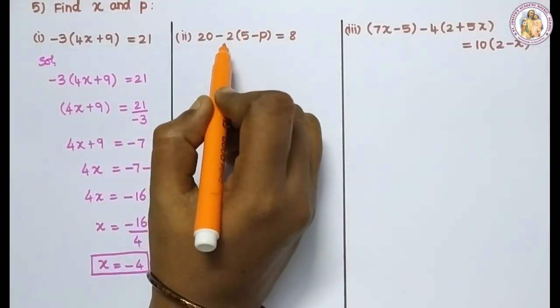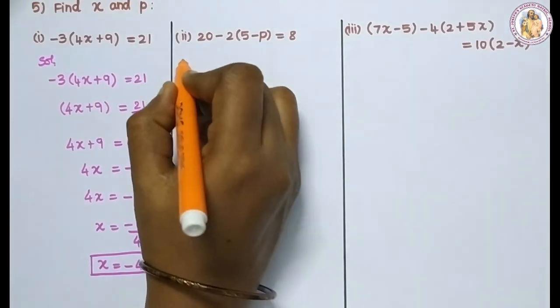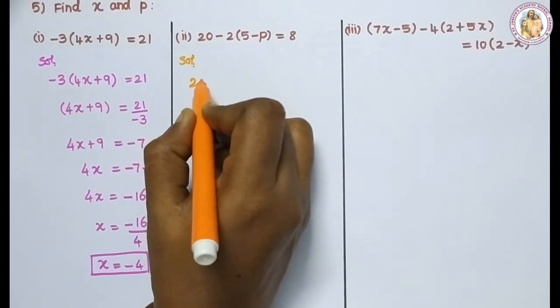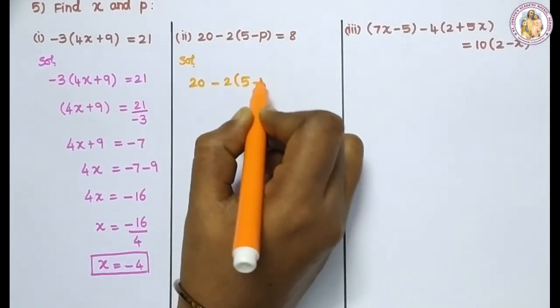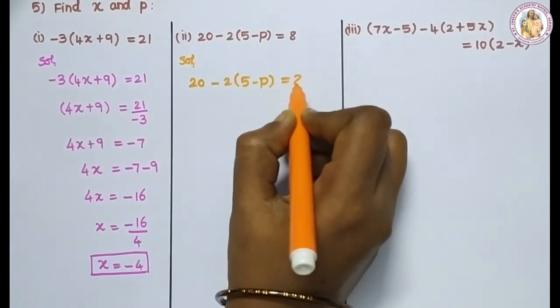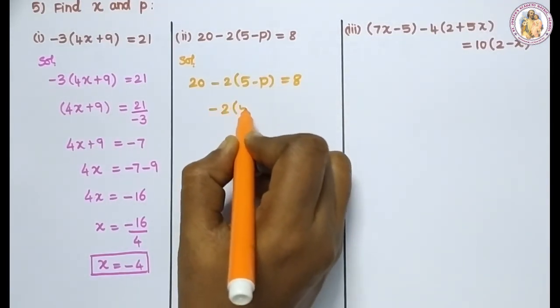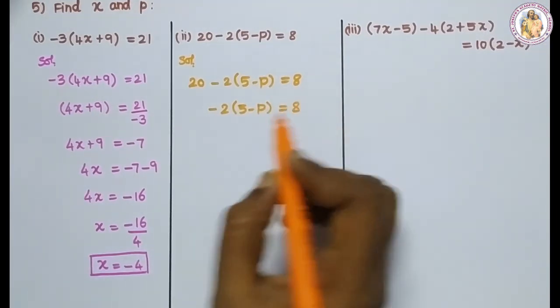20 minus 2 into 5 minus p equal to 8. Minus 2 into 5 minus p equal to 8.